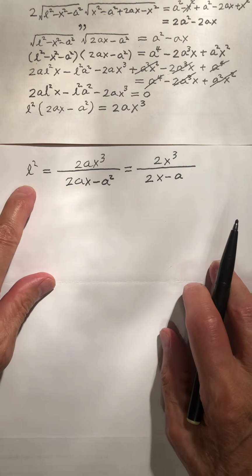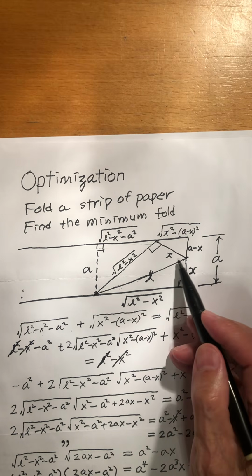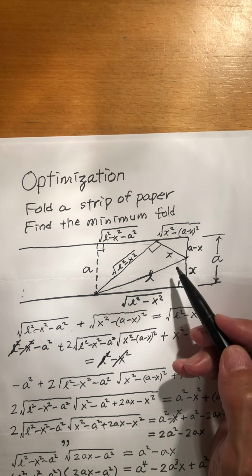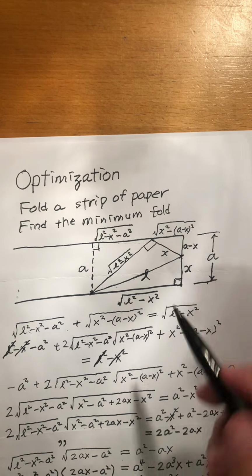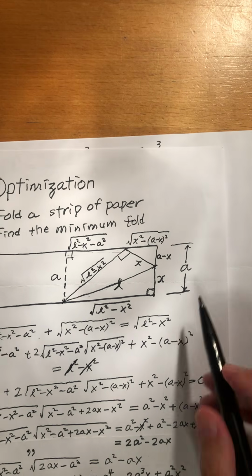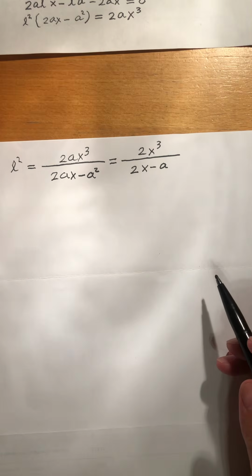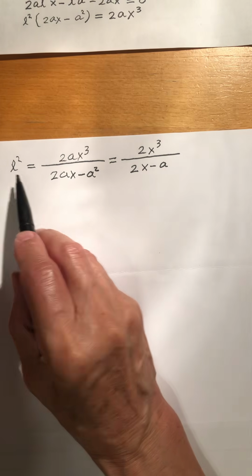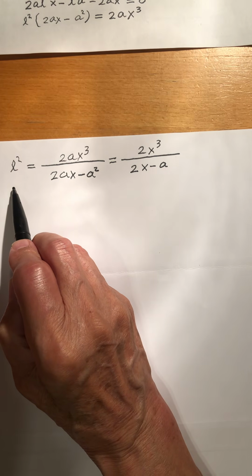Remember, L is the length of this full line. And I want this to be minimum length. So how do I do that? And you remember in calculus, if you want something to be minimum, you do the derivative. So I need the derivative of L and let it be 0.